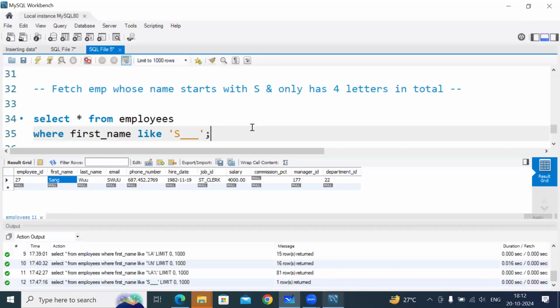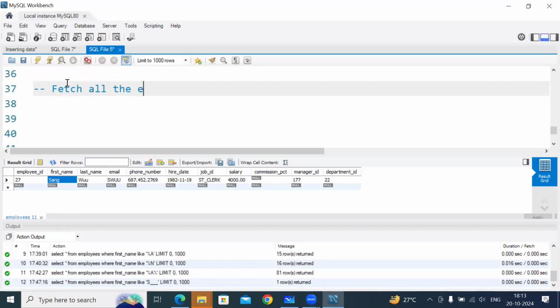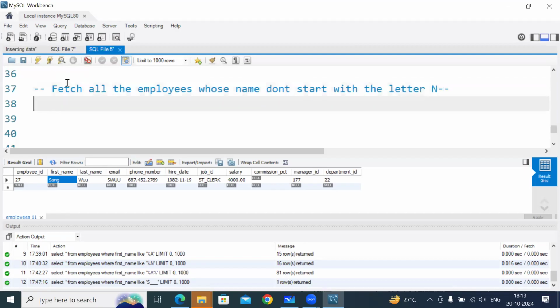But how do we use them in real? See, basically the question is: fetch all the employees whose name doesn't start with the letter N. So this is my question.